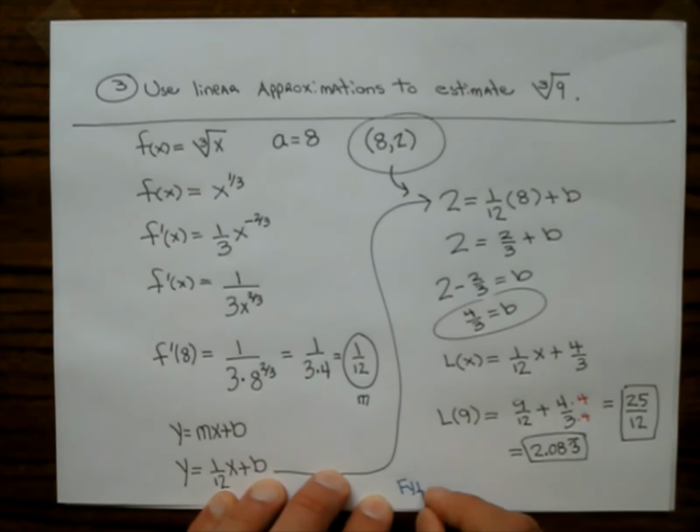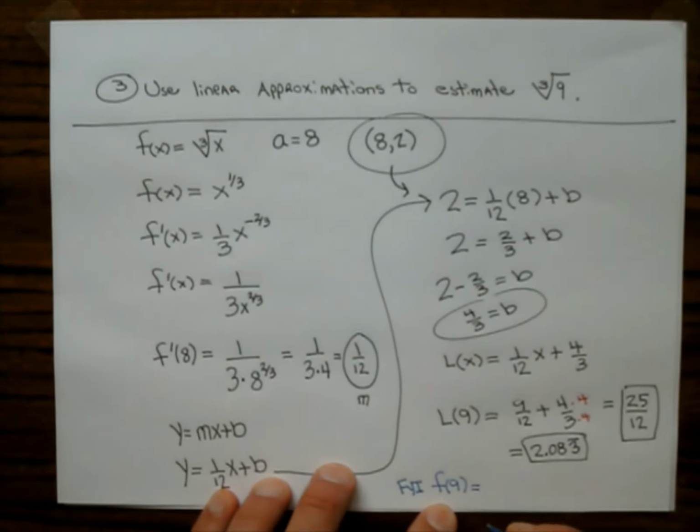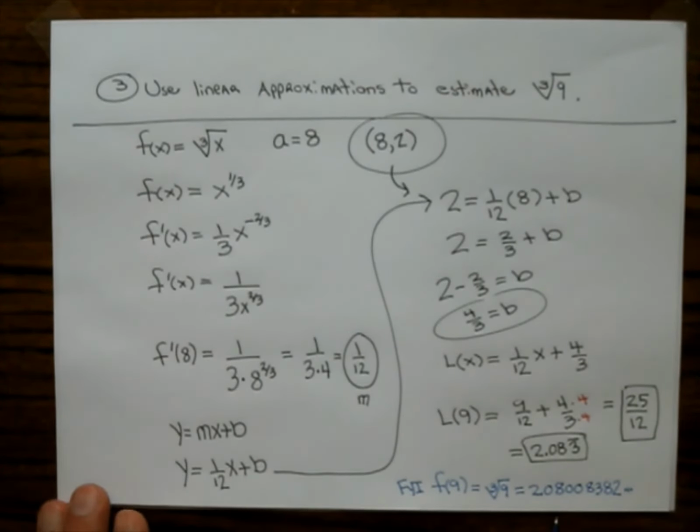FYI, if you actually wanted to know what f of 9 was, because that's going to be the exact value, you would put 9 into the function f, you'd get the cube root of 9, and you would do that on your calculator, you'd get 2.083008382, and it would continue along, and your calculator would round it. And you can see that that is very close to our approximation.